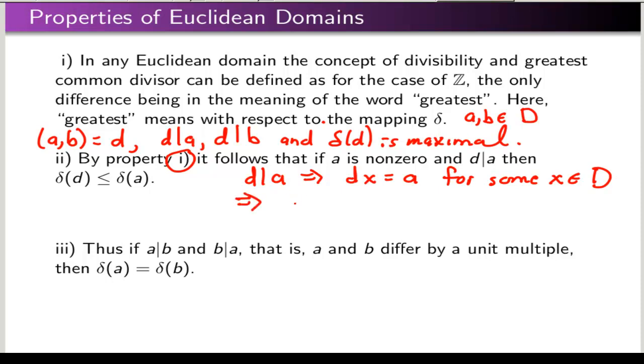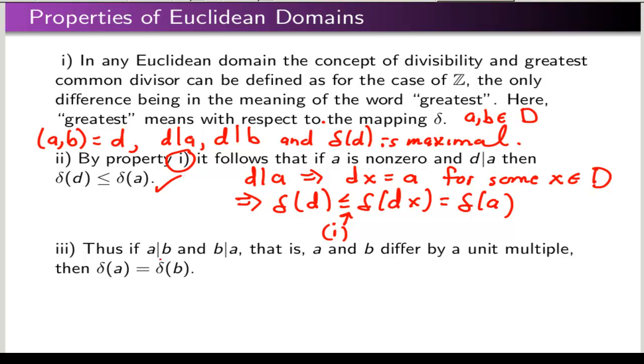And that would mean that delta of D is less than or equal to delta of dx, which by property 1 in the definition of Euclidean domain equals delta of A. So delta of D is less than or equal to delta of A.